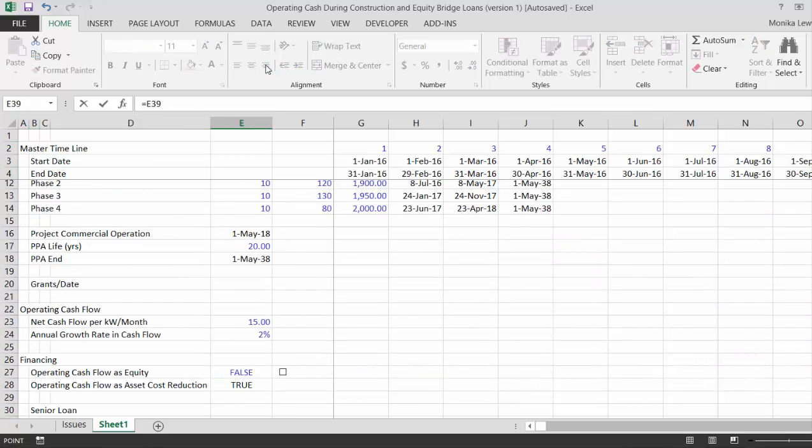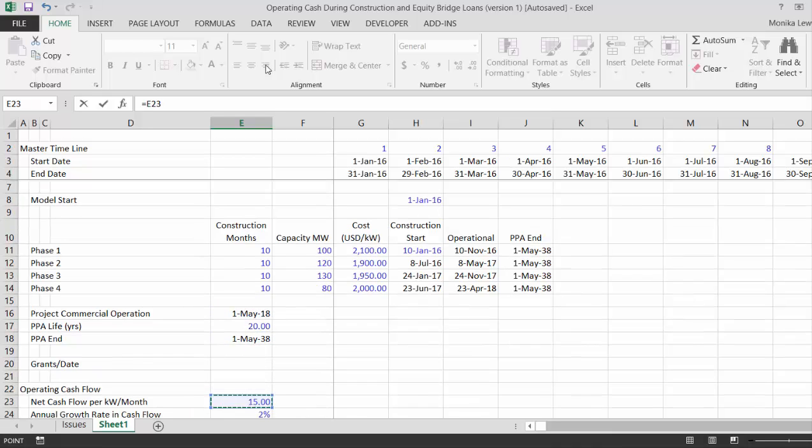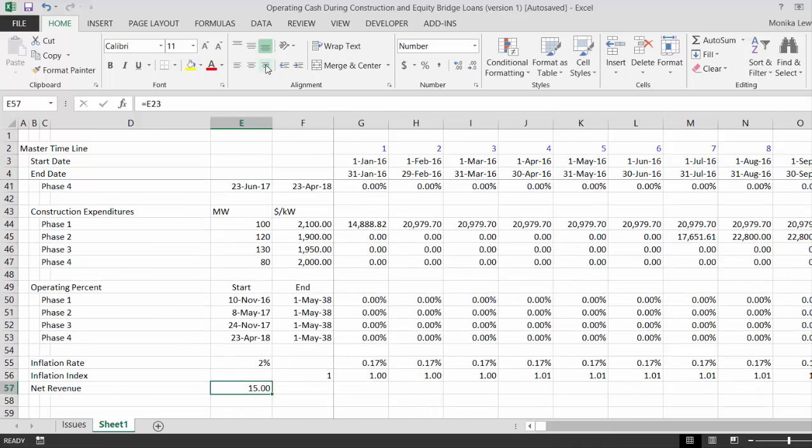And we said, well, we're going to get 15 per kilowatt-month. Maybe that's way, way too high. Okay? And then let's press that and just inflate that.